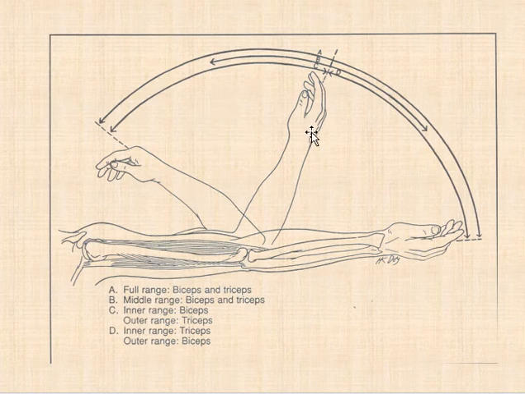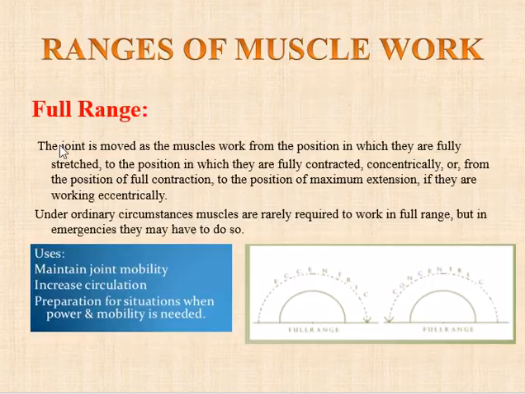Inner range: this is the inner range for biceps but it is the outer range for triceps. This is the inner range for triceps but it is the outer range for biceps. Now we discuss these ranges further in detail.